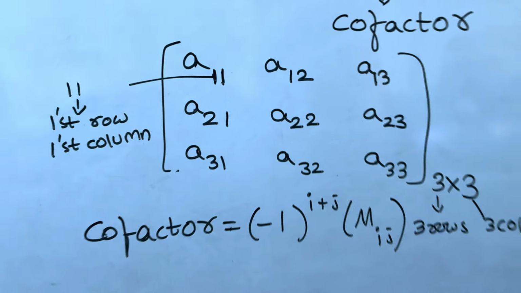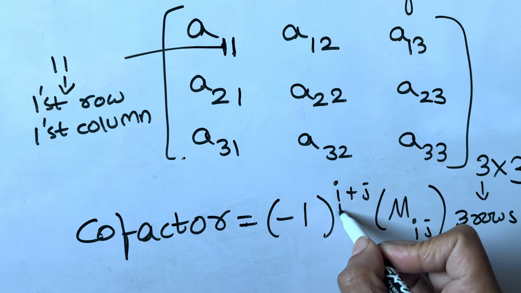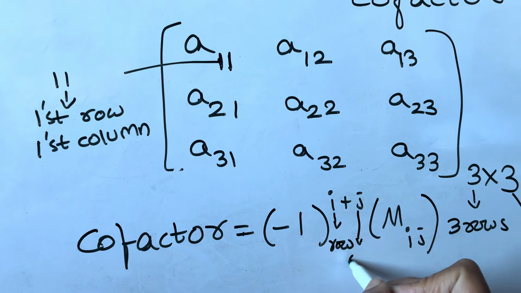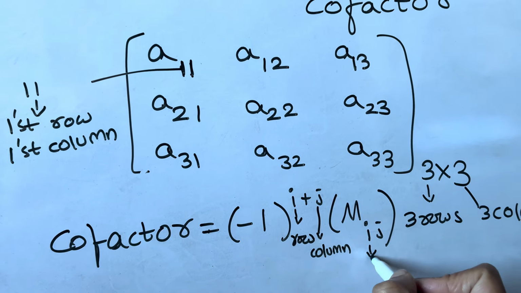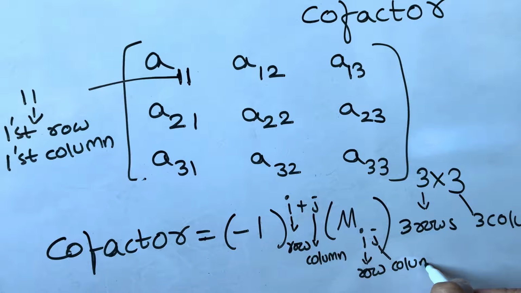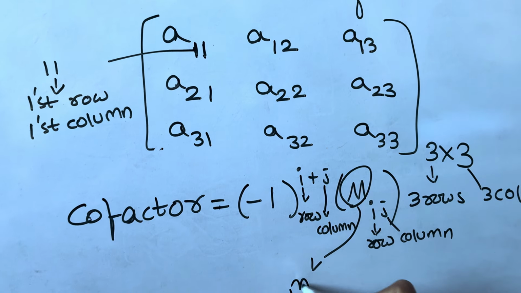So let's talk in detail about it. -1 to the power of i plus j is nothing but: i is for row and j is for column. Same here, this is for row and this is for column. And this M here is nothing but the minor.